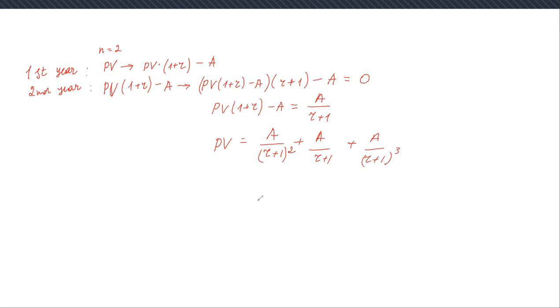If for n years, it will be plus, and so on. For n equals k. Yes, you're right. Thank you very much. It will be very useful.